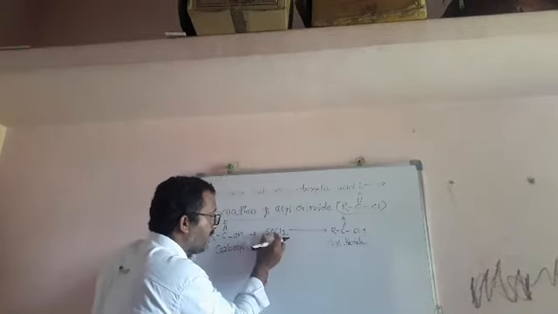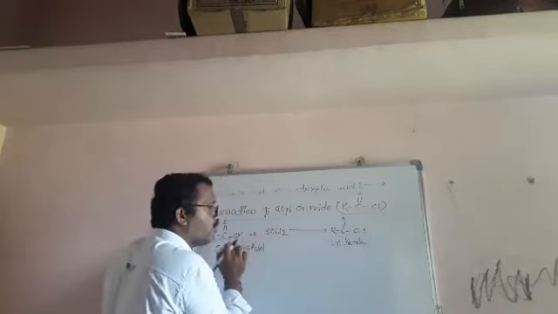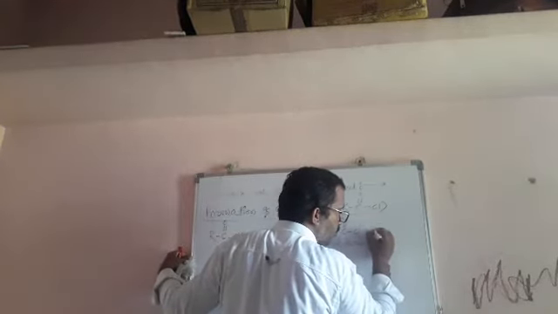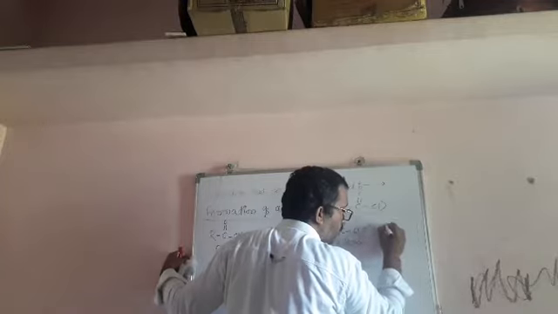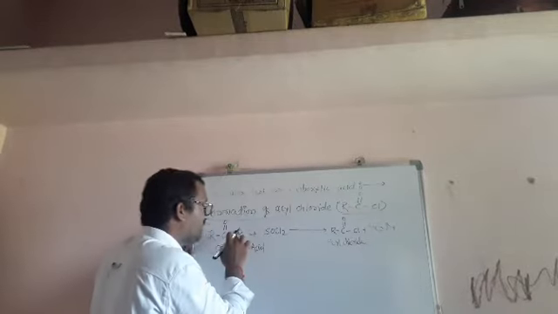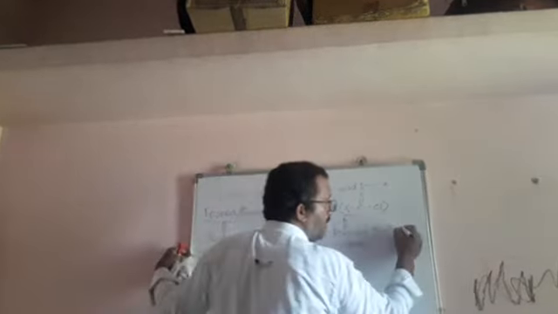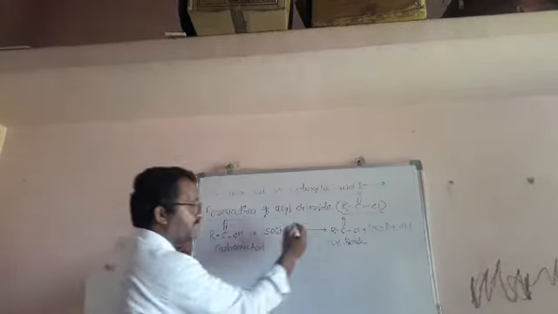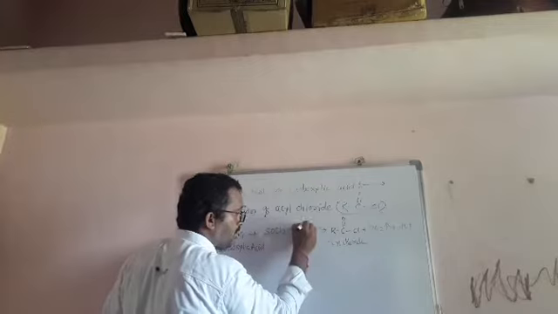Along with this acyl chloride, the remaining SO and this one oxygen form SO2, along with the hydrogen and one Cl, that is HCl. This is the preparation. There is heat here.